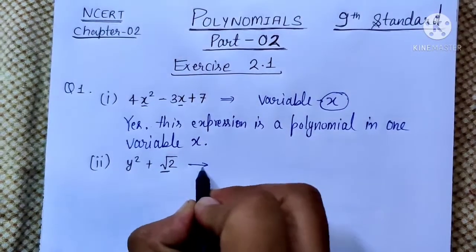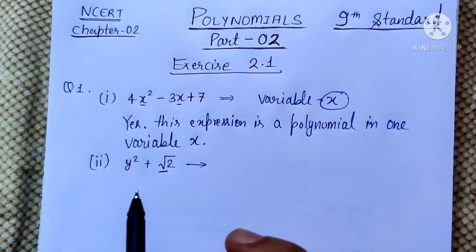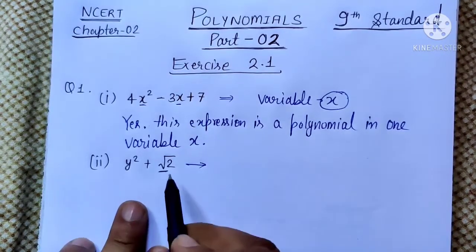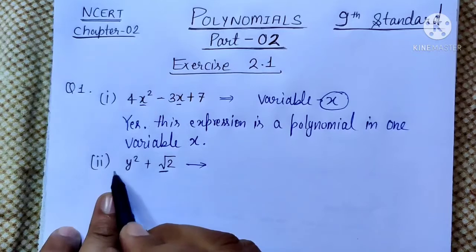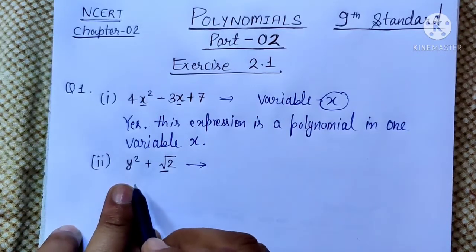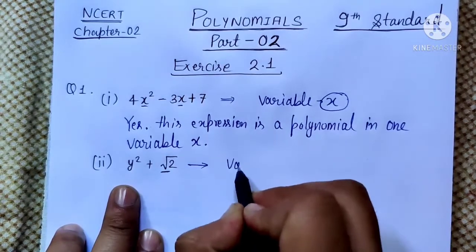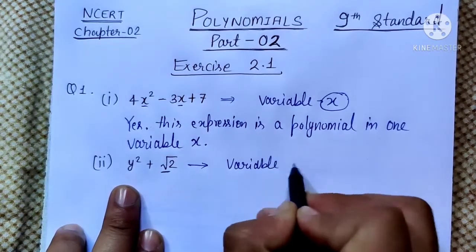Okay, so it is a polynomial. First thing, it is a polynomial. Okay, so the rules, don't be confused in the rules, because the digit is under root, not the variable. If the variable is under root, then we can say it is not a polynomial. But right now only one variable is there, that is y.